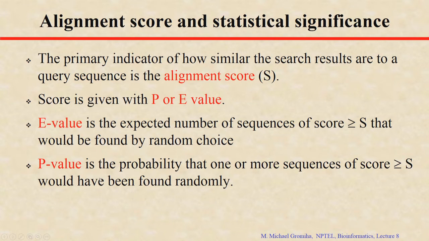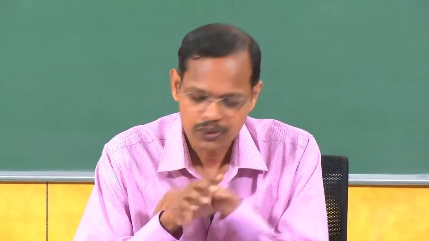Then the p value is the probability of having one or more sequences with a score of more than s. So, we get two numbers. One is the expected value, whether you get this number as expected or it is unique to your sequence. Then the p value is the probability of having this score, whether it is random or has any significance. These two numbers will tell you whether your alignment score is statistically significant or not.